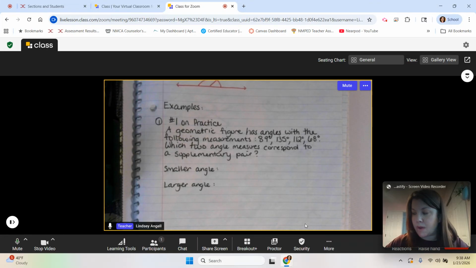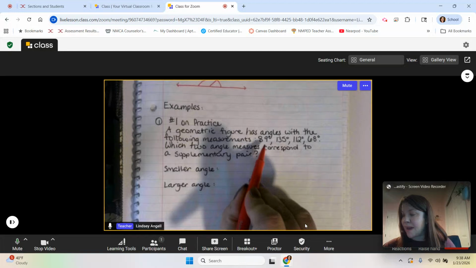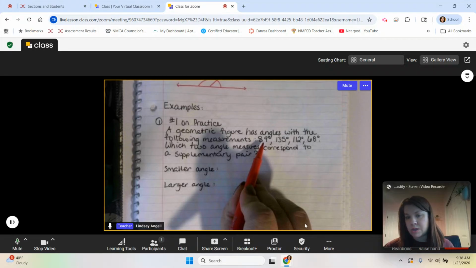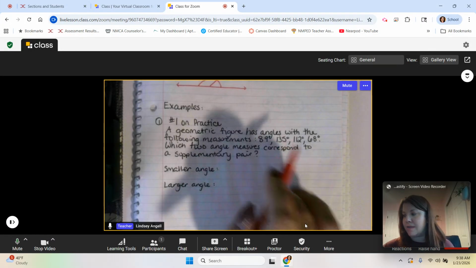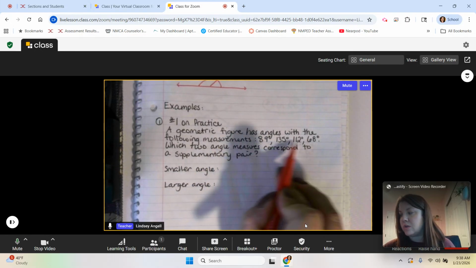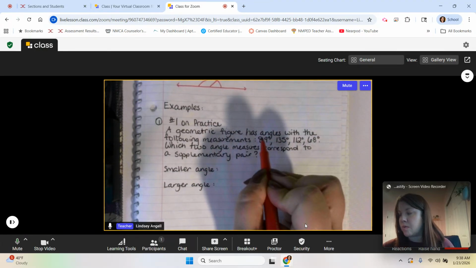That's a really fancy way of saying which two are supplementary. So our job is to figure out which ones add up to 180. Right off the bat, 89 is almost 90 degrees, which would mean its partner would have to be very close to 90 as well in order to equal 180. There's nothing even close to 90, so that one won't work.